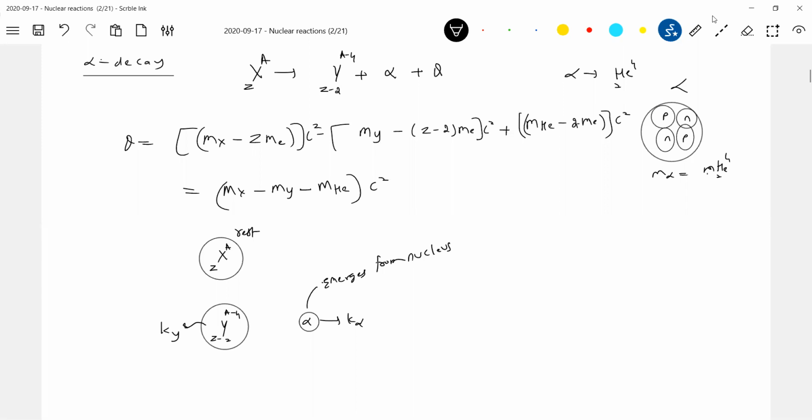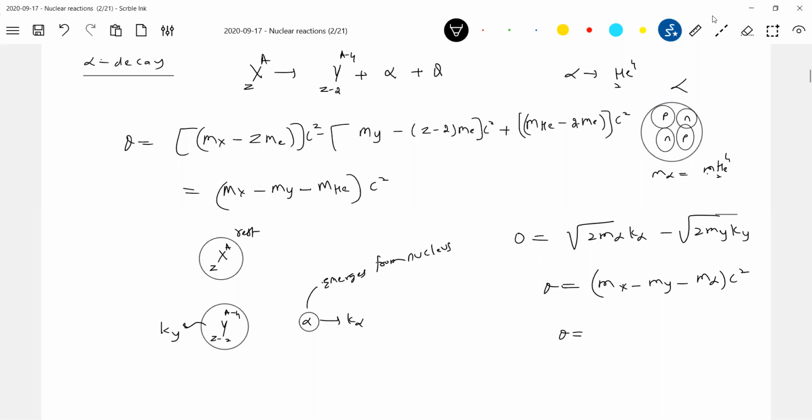If you apply conservation of momentum, we get 0 equals root of 2 m alpha K alpha minus root of 2 my Ky. And Q equals (Mx minus My minus M alpha) into c square.